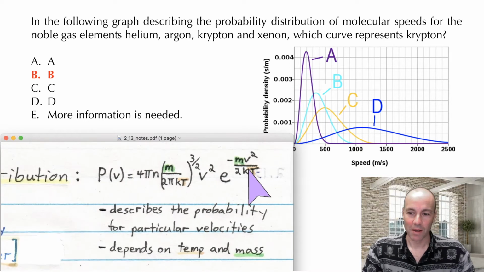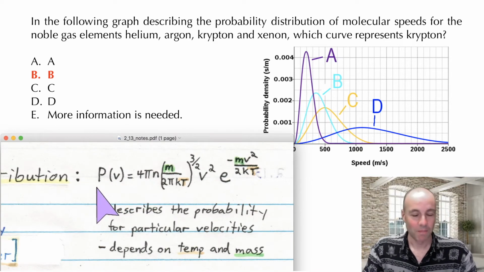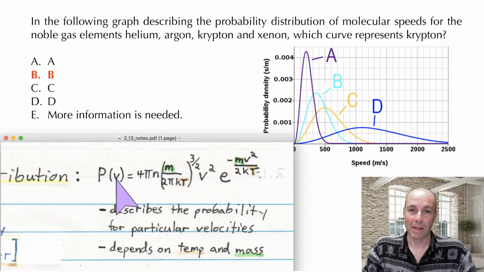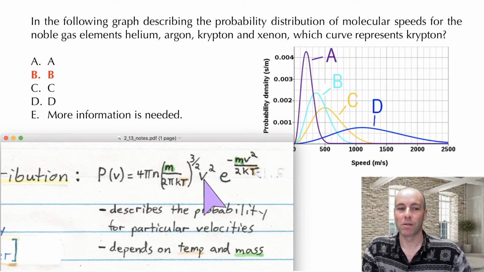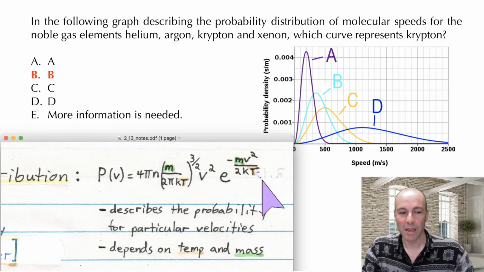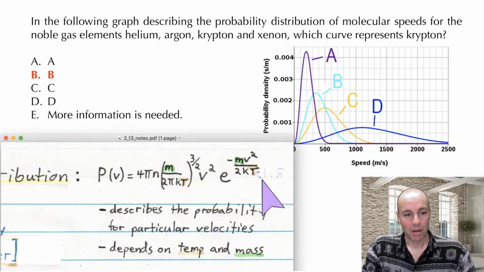So here's the equation that describes the Maxwell-Boltzmann distribution of molecular velocities, and it says that the probability that a gas particle has a particular velocity is given by this expression over here to the right.